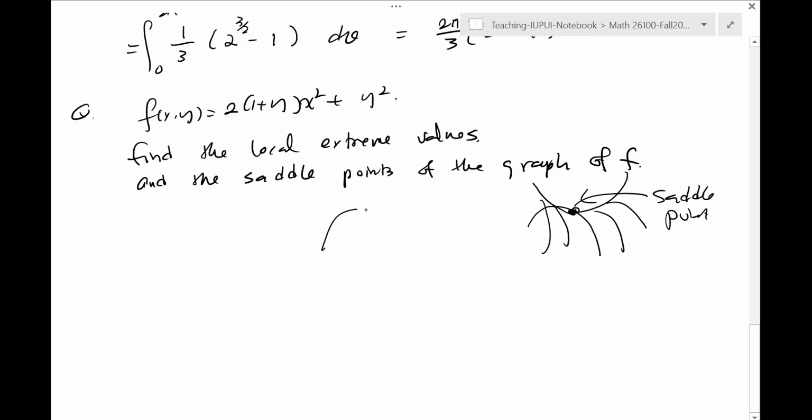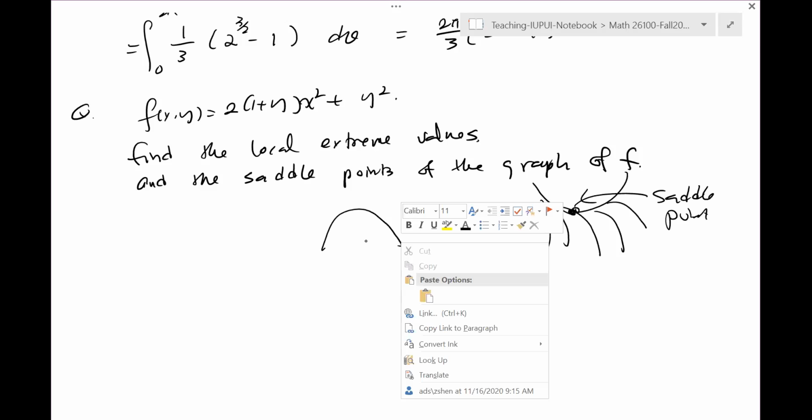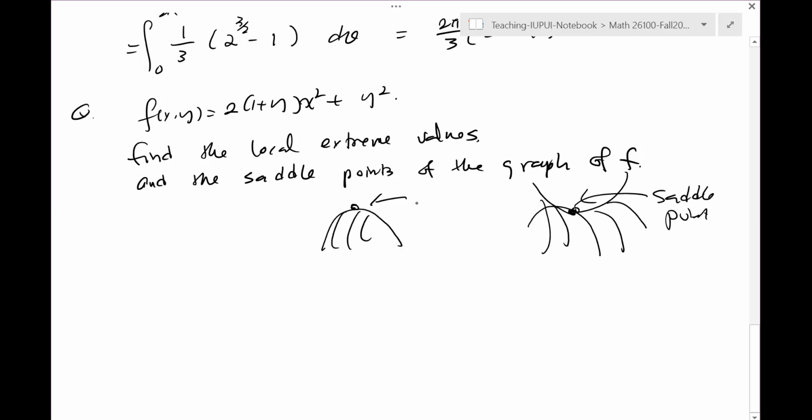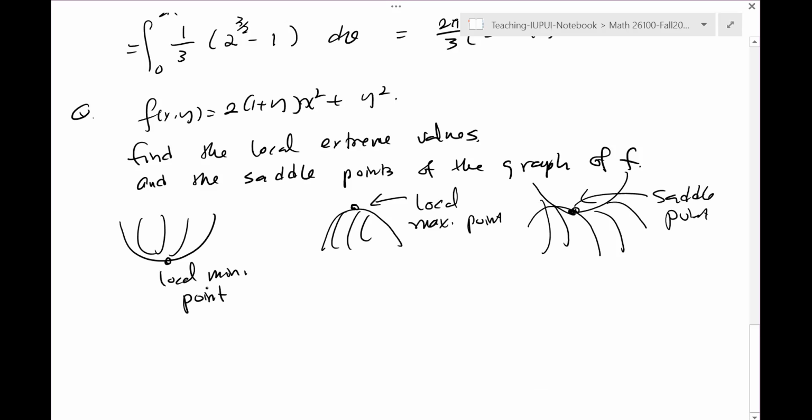And those are called local maximum points, and this is called a local minimum point. The value is different, a value is just a value. If you know the local minimum point, then of course you know the local minimum value.